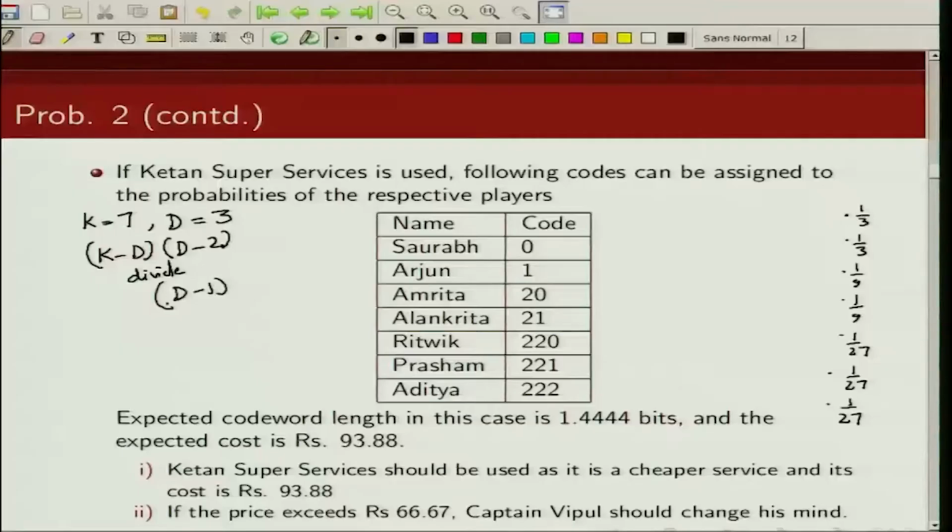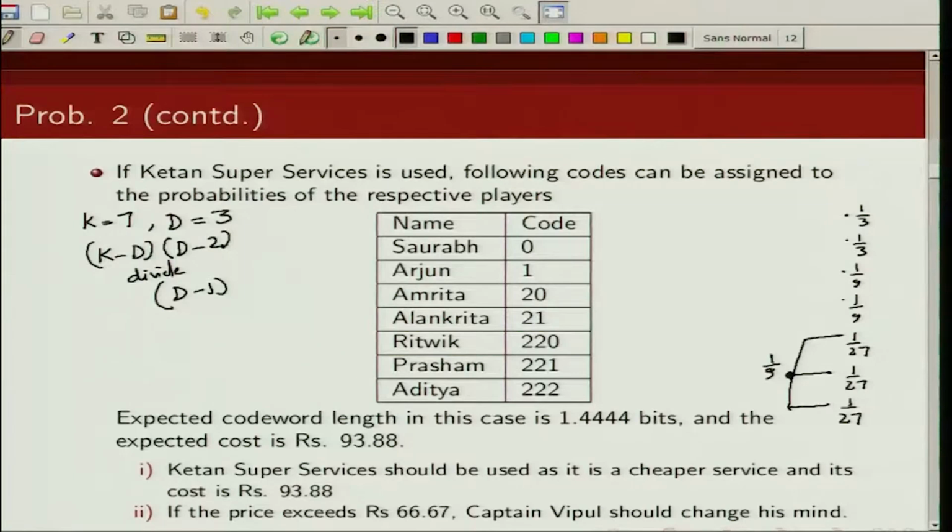So there are no unused leaves if we use this particular source and encode it using a ternary Huffman code. So in the initial stage we are going to combine 3 of these leaves. These are the 3 least likely leaves. We combine them and this will have probability equal to 1 by 27 plus 1 by 27 plus 1 by 27. So this probability is 1 by 9.